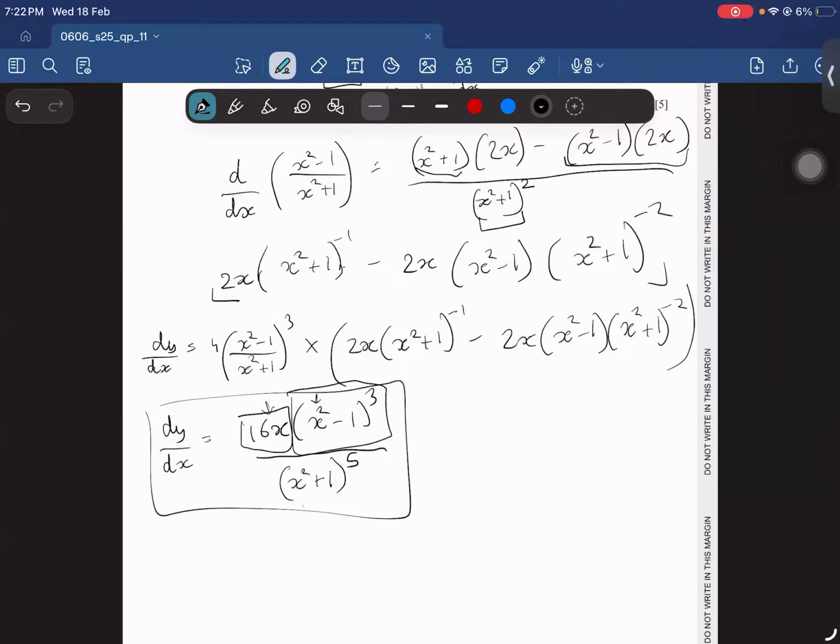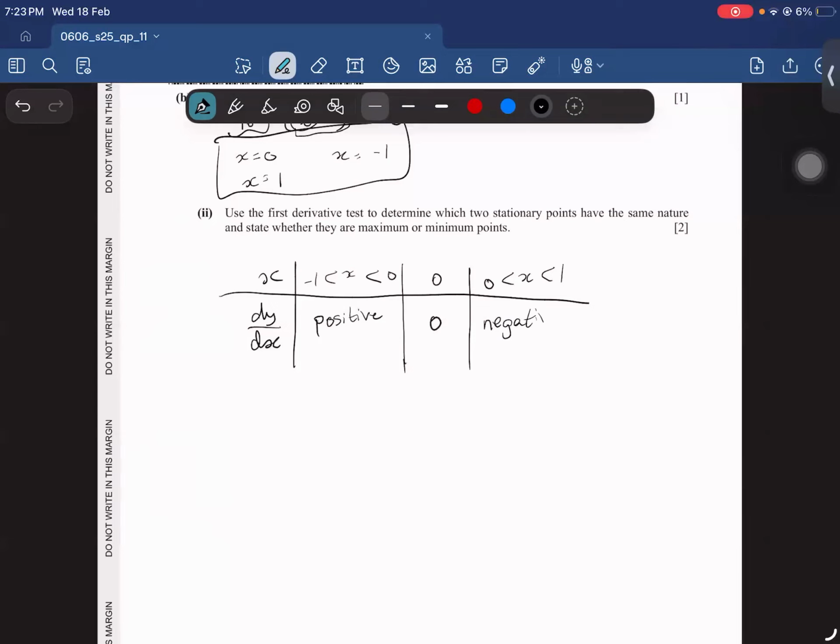The numerator will also be positive because this bit will be less than 1. So negative, negative will give you positive, and the bottom will also give you a positive value. So that will be positive. At 0, the derivative is 0. And between 0 and 1, it is negative. Again, same logic that we used to derive whether this is positive or negative.